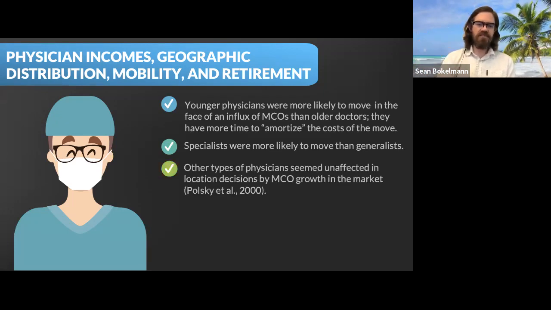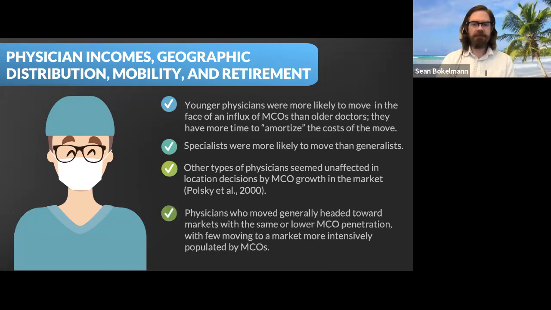It has also been found that other types of physicians seemed to be unaffected in their location decisions when there was MCO growth in their market. Physicians generally headed towards markets with the same or lower MCO penetration, and fewer were moving to where there were more MCOs.